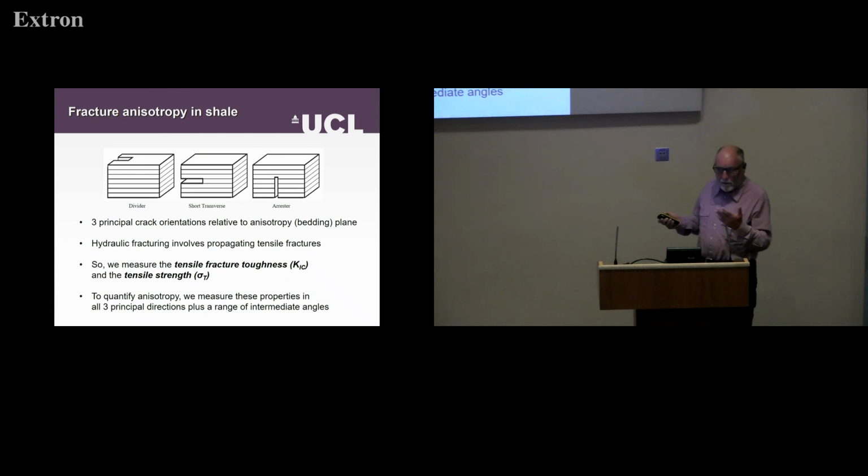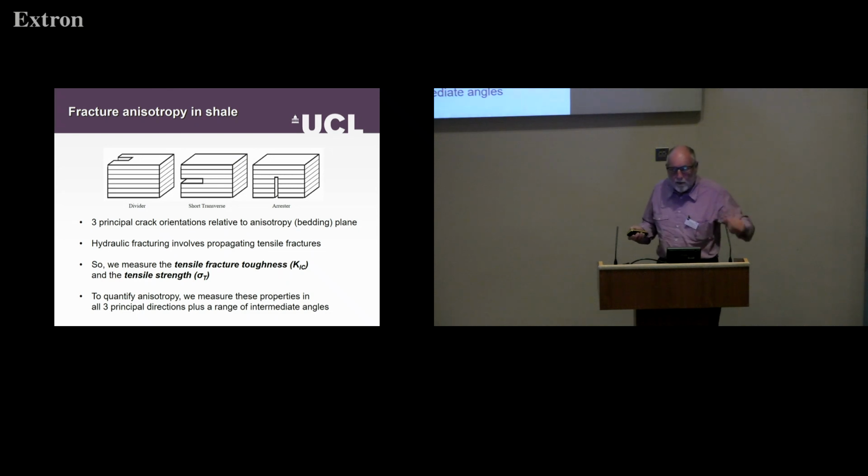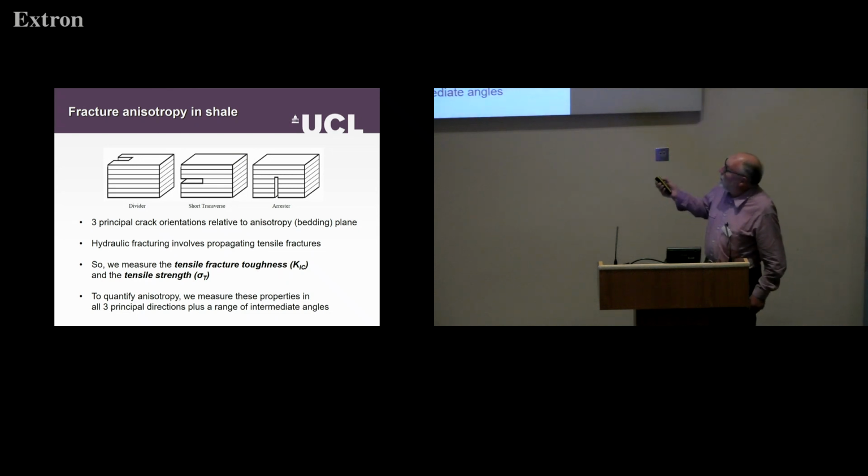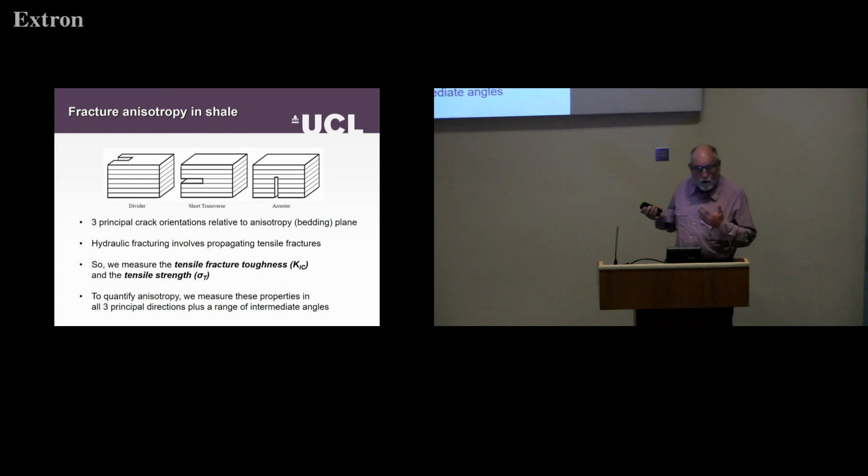And an important point, which will come out later, is that in the short transverse direction the fracture is going along a single bedding plane, whereas both in the divider and the arrestor orientations, the fracture is sampling multiple planes of the material.